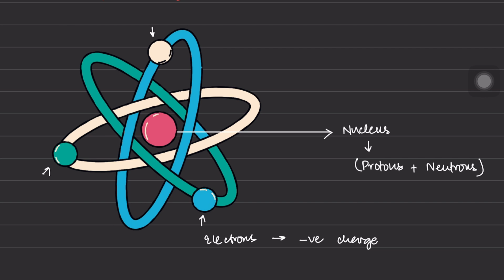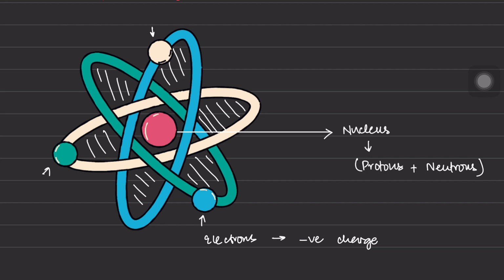The majority of the space that you see here is just empty space. We also carried out an experiment after which we were able to say that the majority of an atom is empty space. There's not much there to look at. We'll talk about that experiment in a bit. It's called the Geiger-Marsden experiment or the Rutherford experiment.